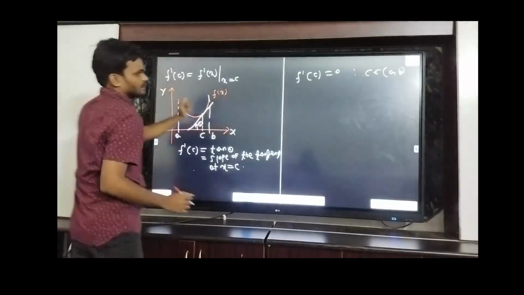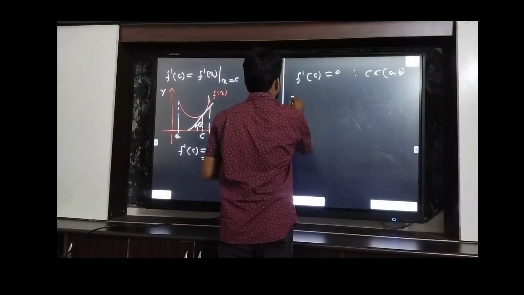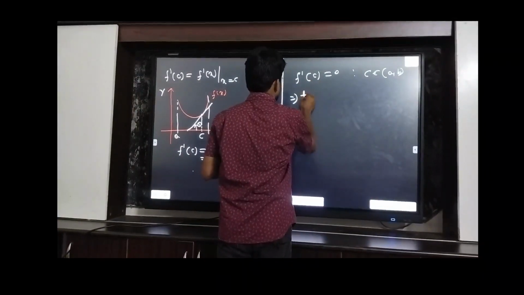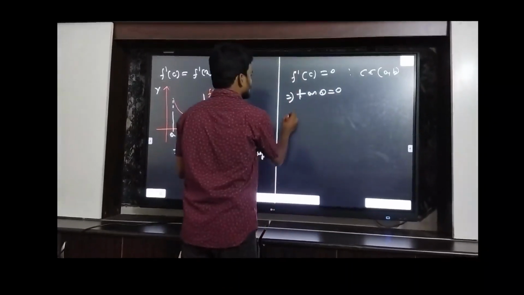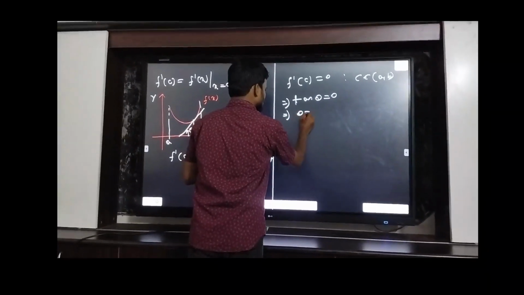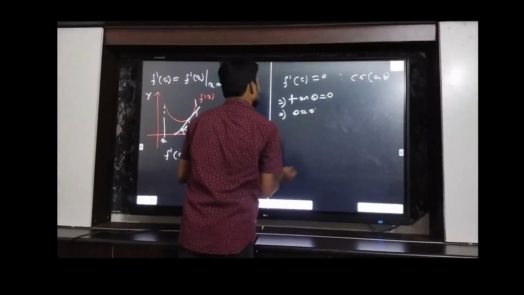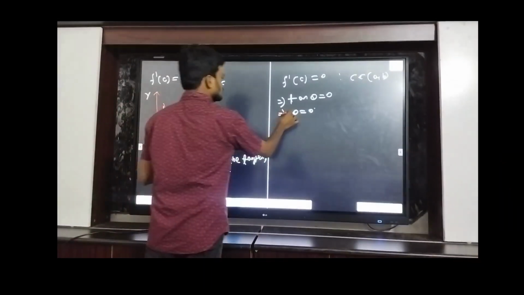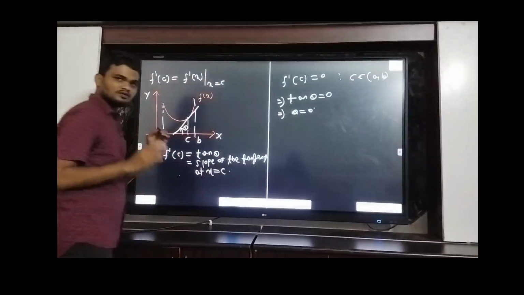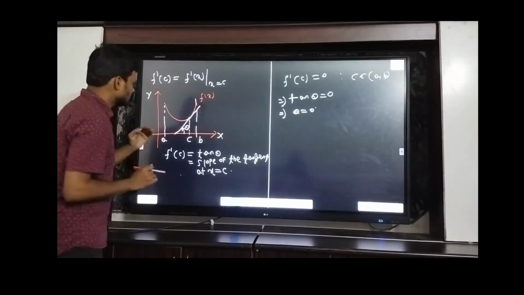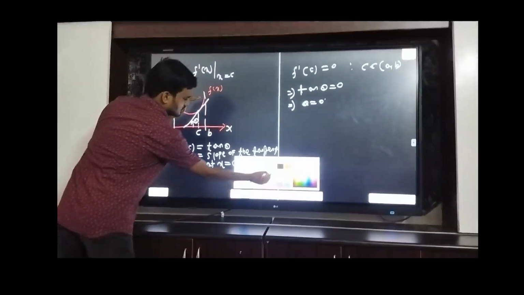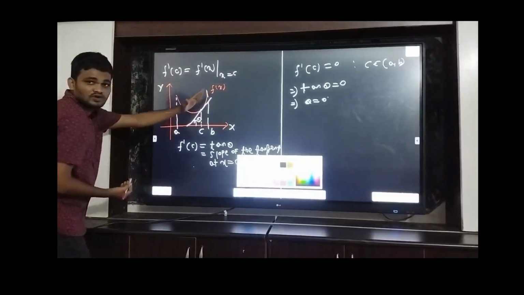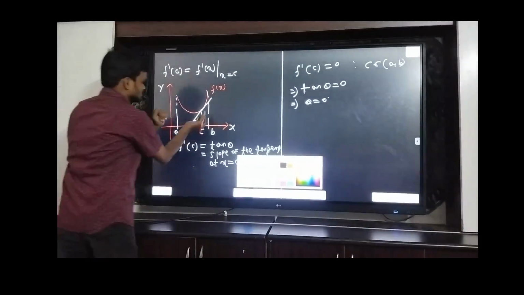This is the theta. So what do you mean by that? F dash C nothing but tan theta is equal to 0. What it gives? Theta is equal to 0 degree. What is meaning of theta is equal to 0 degree? That means like if this angle, let me change the color. If this theta becomes 0 degree, then how it looks like?